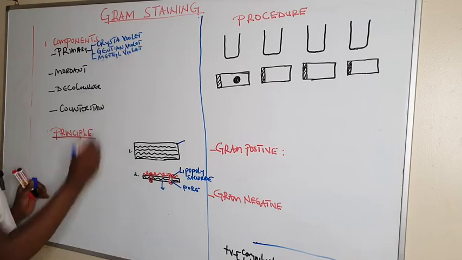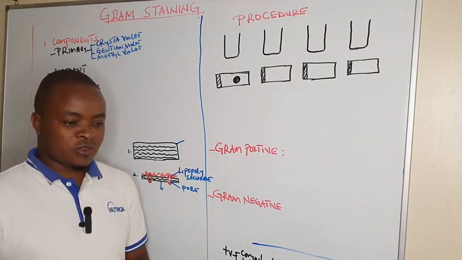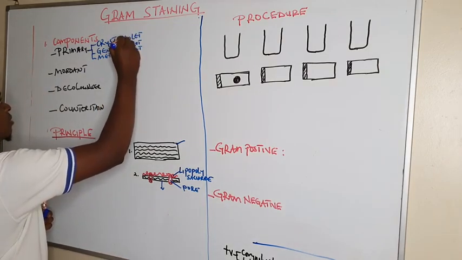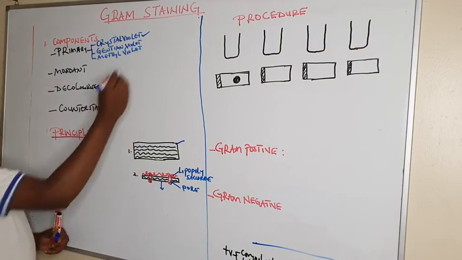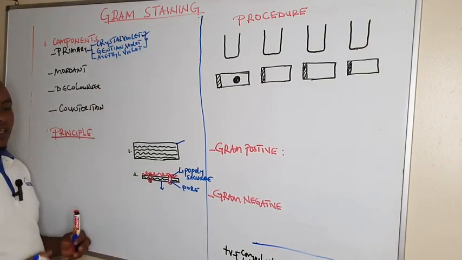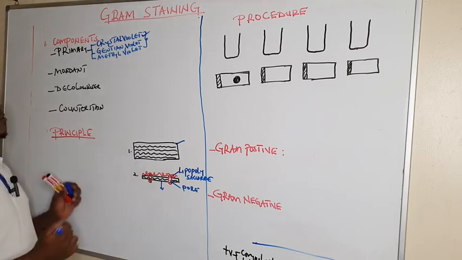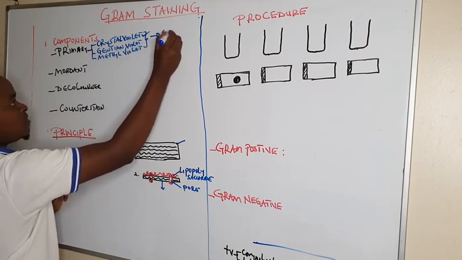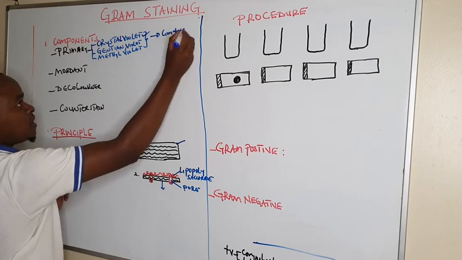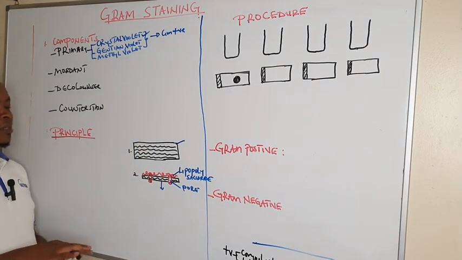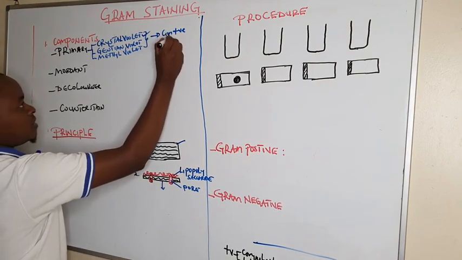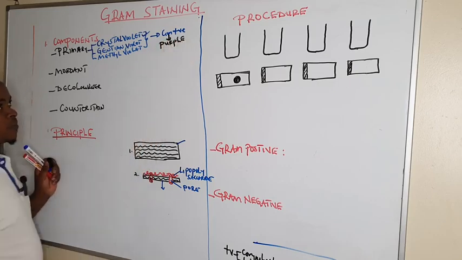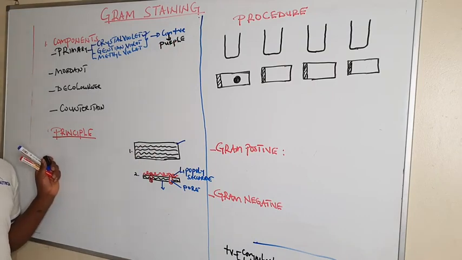So these are the three primary stains which you can use in a gram staining reaction, but the most preferred is the crystal violet. If the organism is gram positive, it is going to retain the primary stain. So we are saying that gram positive organisms retain the primary stain, hence staining purple color. That is what we can talk about the primary stain.